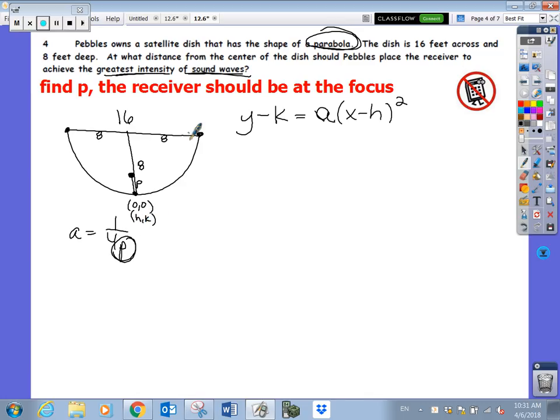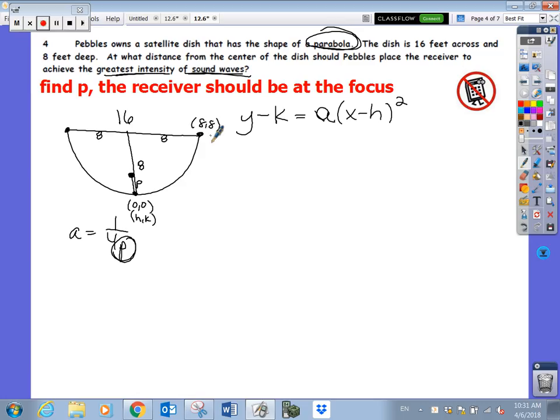Then we just have to pick one of these points. If this is (0, 0), and I go right 8 and up 8, this is the point (8, 8). Or you could have said (negative 8, 8). Or you could have said this is (0, 0), and this point down here would be (8, negative 8). Any combination of those will work.